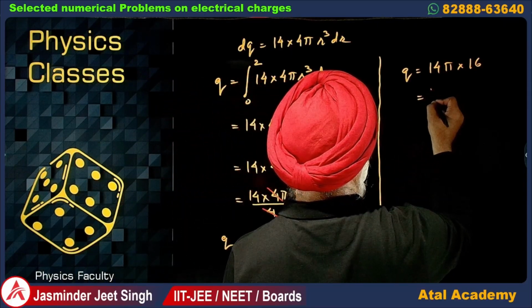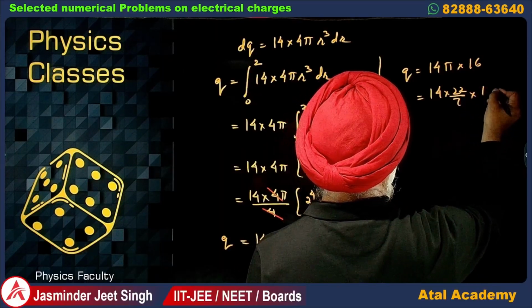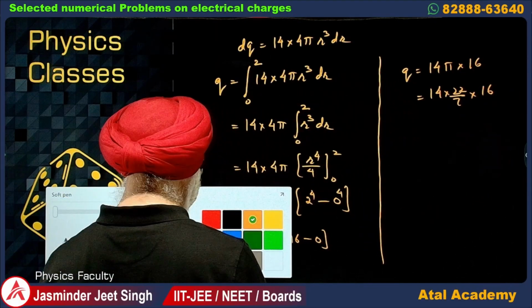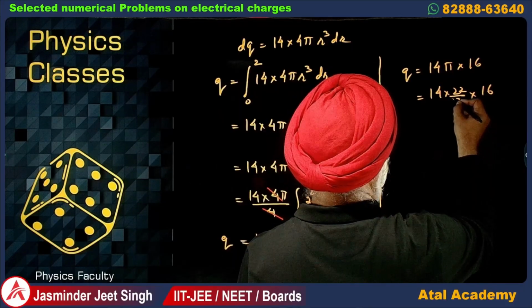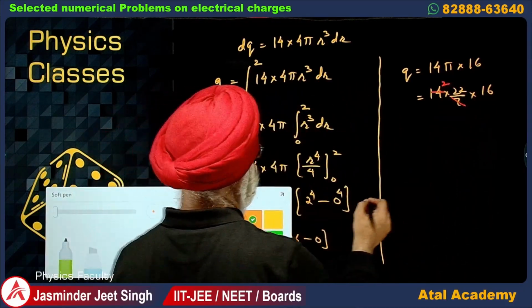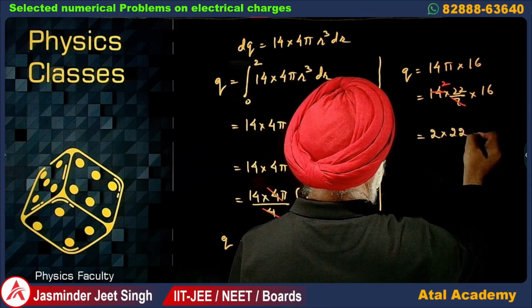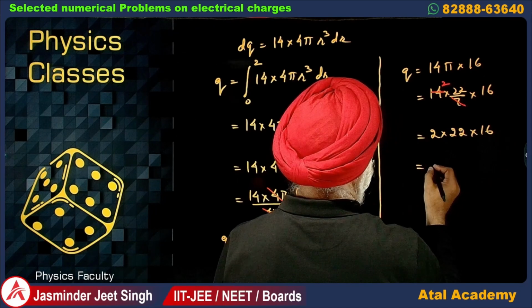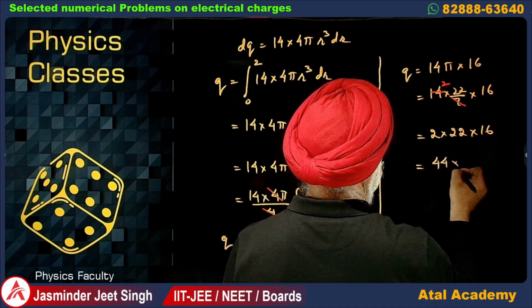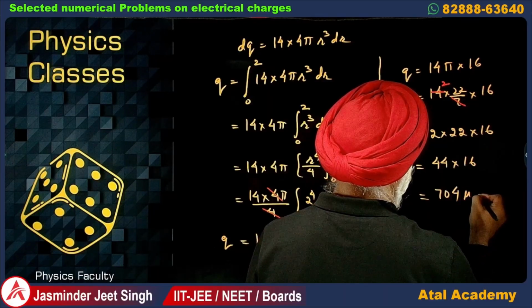We can put the value for pi, 22 upon 7: 14 into 22 upon 7 into 16. Now this 7 will go into 14, 2 times. We have 2 into 22 into 16, which is 44 into 16, that is 704 microcoulomb.